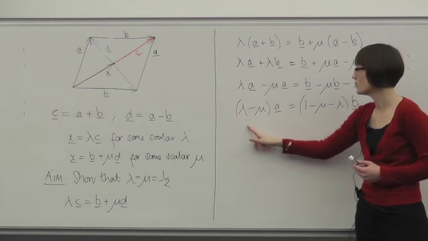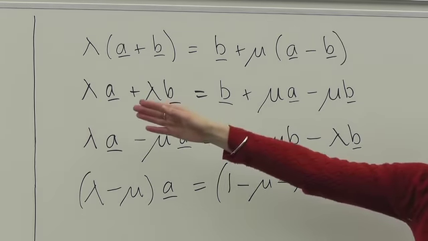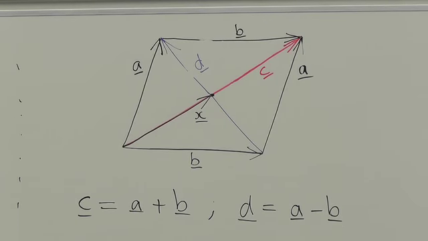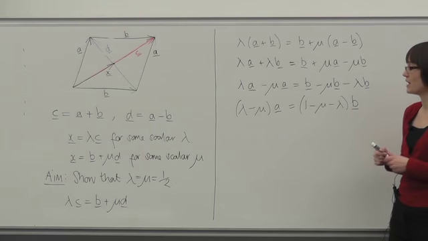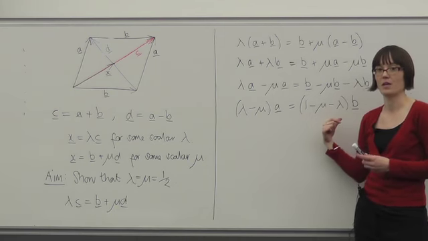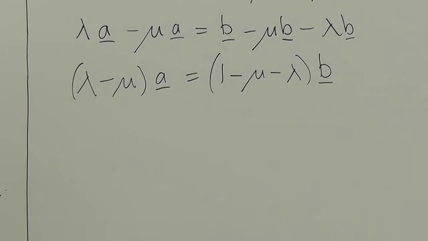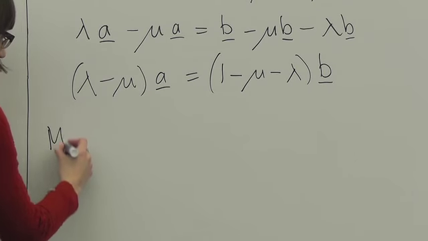It says that some multiple of A is equal to some multiple of B. But if we look at the picture, we can see that A and B point in different directions. So the only way we can possibly have a multiple of A equal to a multiple of B is if actually I've got 0 times A and 0 times B. So that tells me that I must have lambda minus mu equals 0 and 1 minus mu minus lambda equals 0.